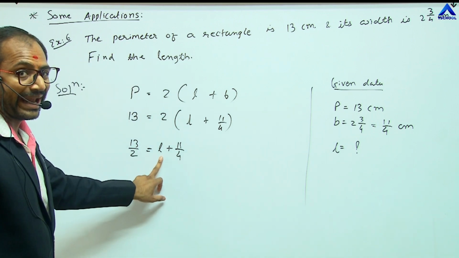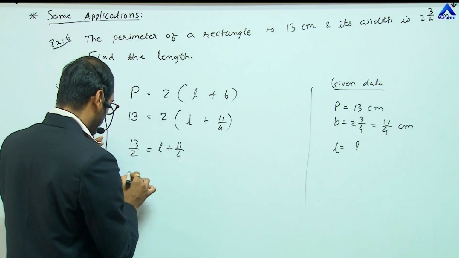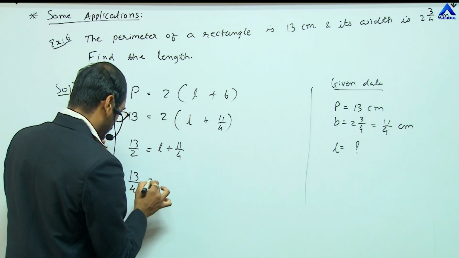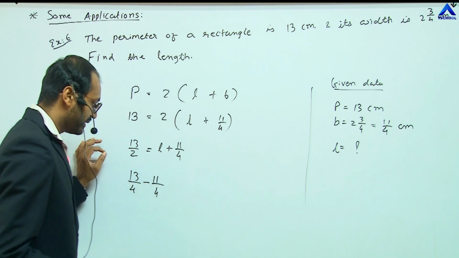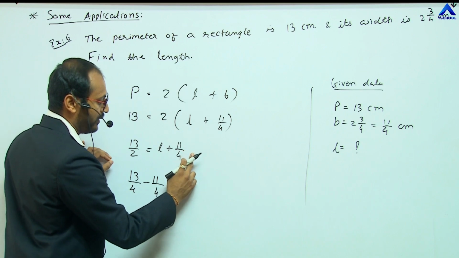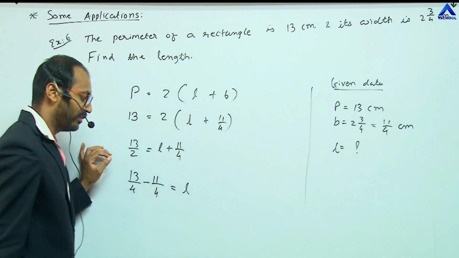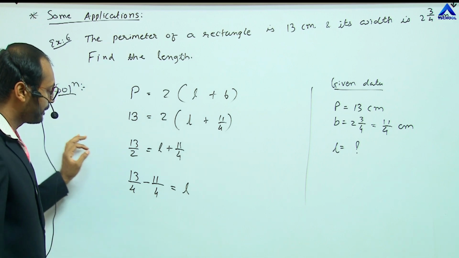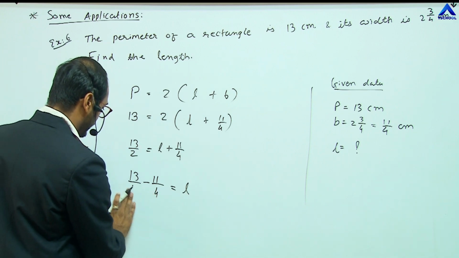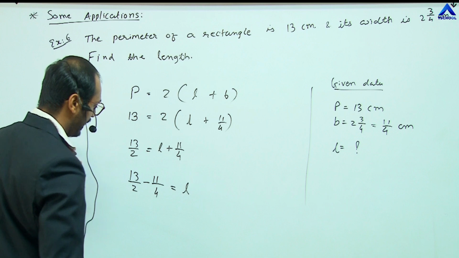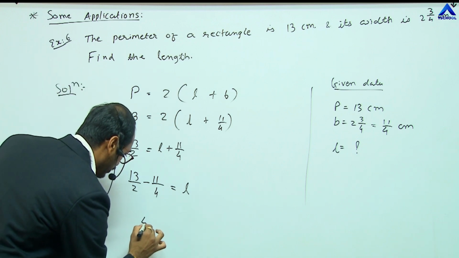Now, to make L alone, we have to subtract 11 by 4 on both sides. Here, minus 11 by 4 plus 11 by 4 gives 0. So L remains alone. Now here 13 by 2, so the LCM is 4.